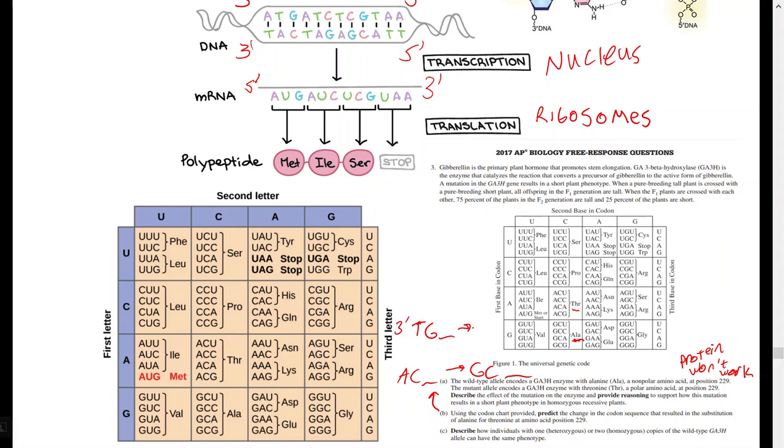So this is mRNA. This is DNA. Right? So this is the change in the mRNA. The change in the DNA that could have been was from TG blank to CG blank. Right? One change in the DNA, one nucleotide difference, change the entire protein.